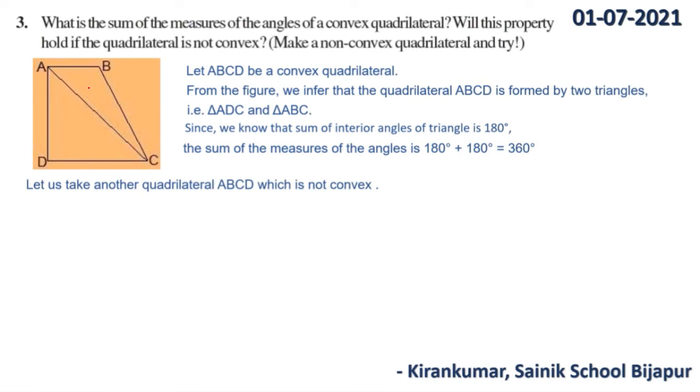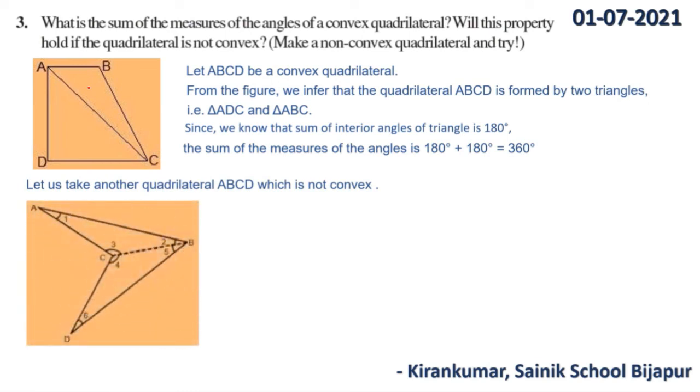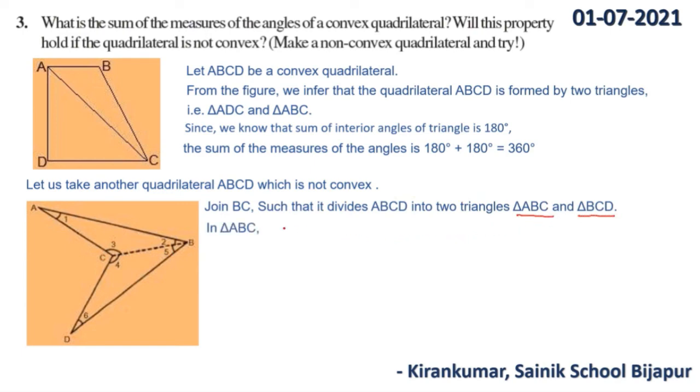Now let's make a concave quadrilateral. This is a concave quadrilateral. In this concave quadrilateral, if I consider a diagonal here, again 2 triangles are formed. They are triangle ABC and triangle BCD. Now in the triangle ABC we have angle 1 plus angle 2 plus angle 3 is 180 degrees.